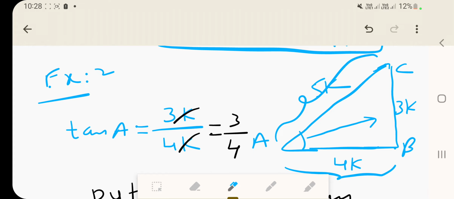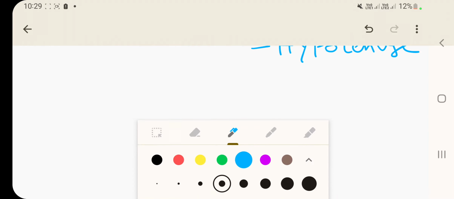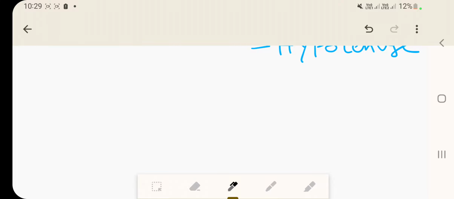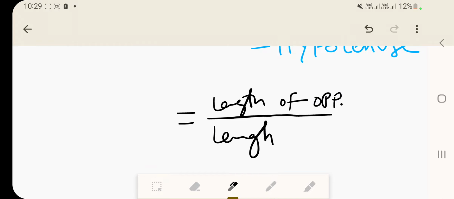Now we can take the ratio of opposite by hypotenuse. On the right-hand side I am writing length of opposite side to angle A divided by length of hypotenuse.